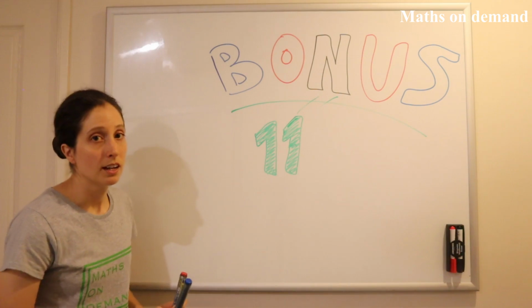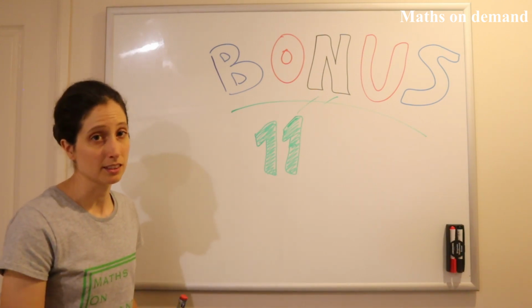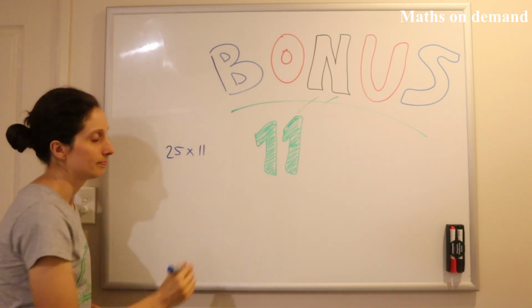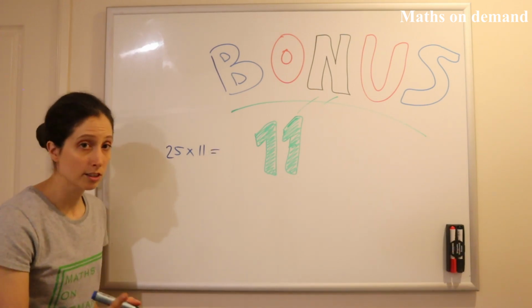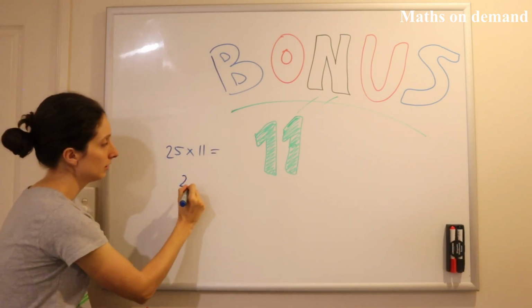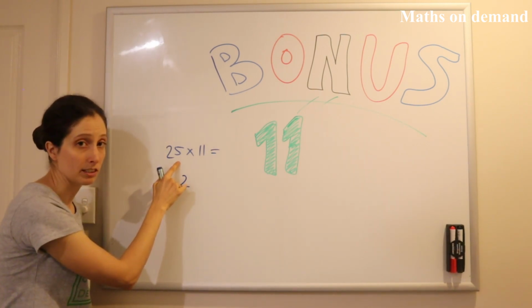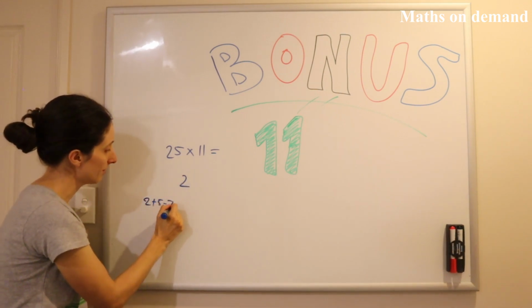What you need to do is do any number times 11. Let's choose one with 2 digits to start with. 25 times 11. Now what you need to do is write the first digit, which is 2, and then add both digits together. So 2 plus 5 equals 7.